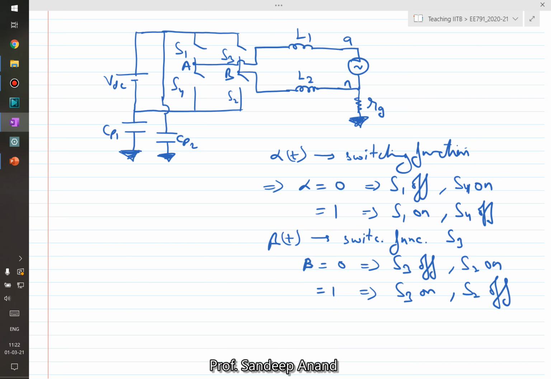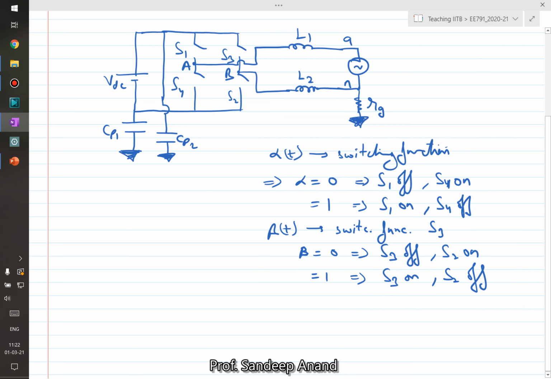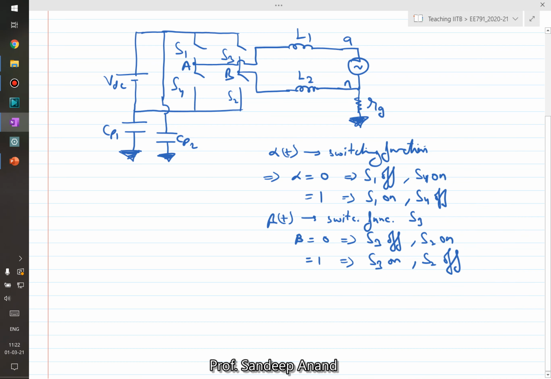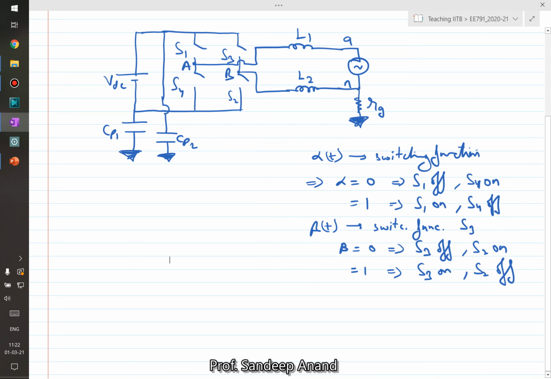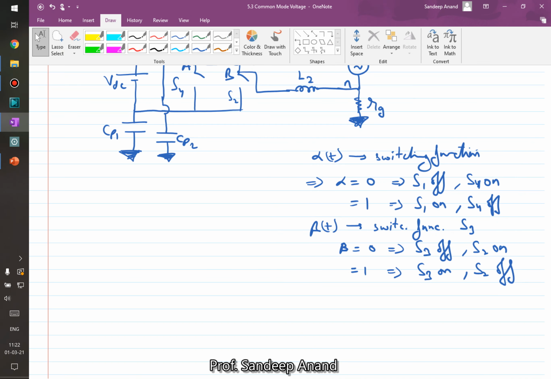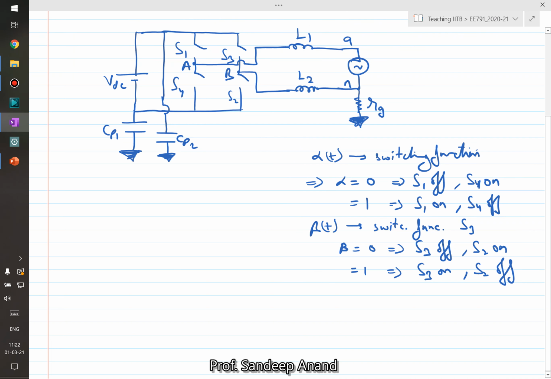Let's move ahead now. Let me just create some more space here. So now I will try to define the voltage. Let me call this point here as maybe point C, right? So let me define VAC.